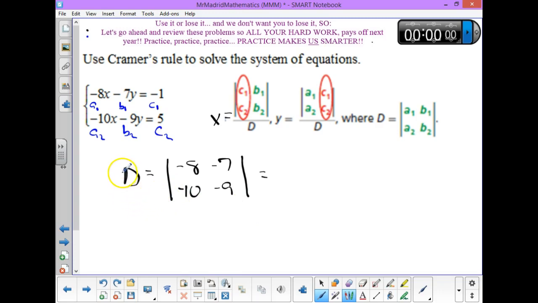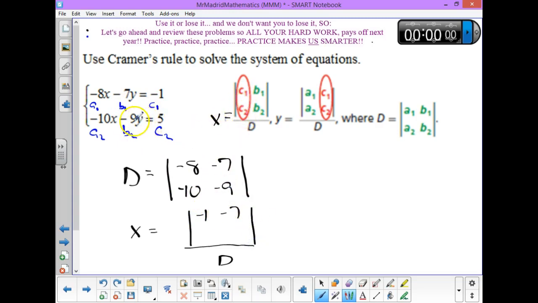Next, let's look at some of these other ones. Again, this one's ready to go in the calculator. Now, as far as x equals, notice at the bottom is D, which is exactly whatever number you get here. So really, the focus is what's on top. For this one, it needs a C1, so I'll put negative 1. It needs a B1, negative 7.